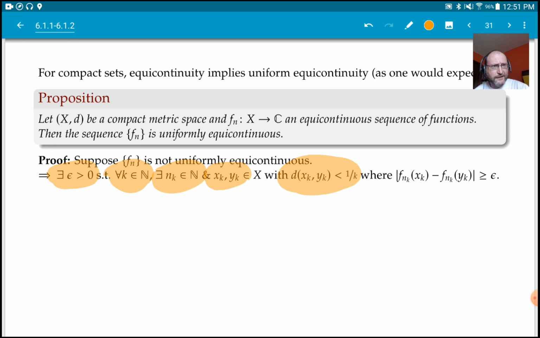So for each k, I get closer and closer points, and the difference of the values is bigger than epsilon. You're not going to be able to find a single delta; the delta would have to go to 0. So this is exactly the negation of being uniformly equicontinuous.